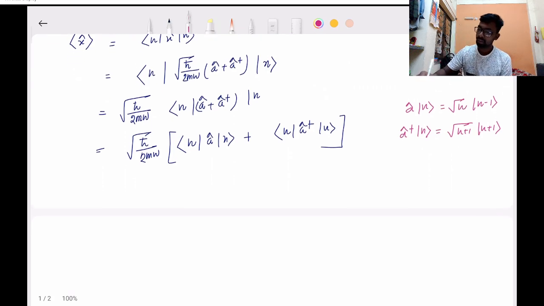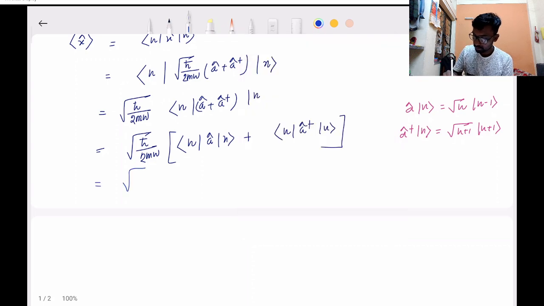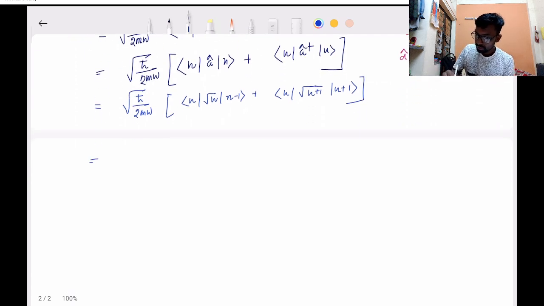Okay, we just apply it here. So this equals √(ħ/2mω) [√n ⟨n|n−1⟩ + √(n+1) ⟨n|n+1⟩].